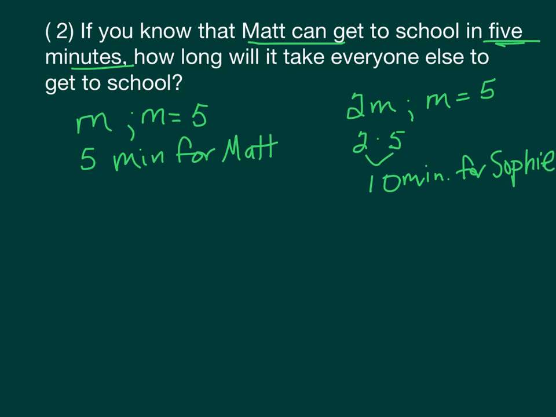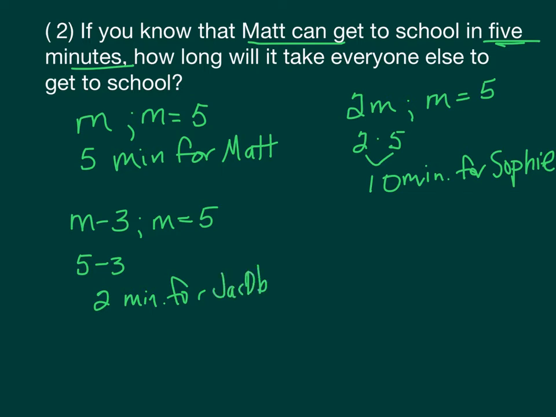And next we have Jacob. The expression for Jacob was M minus 3. I have to put my semicolon. M equals 5. Substitute in 5 minus 3. Funnel down, that gives me 2 minutes for Jacob.